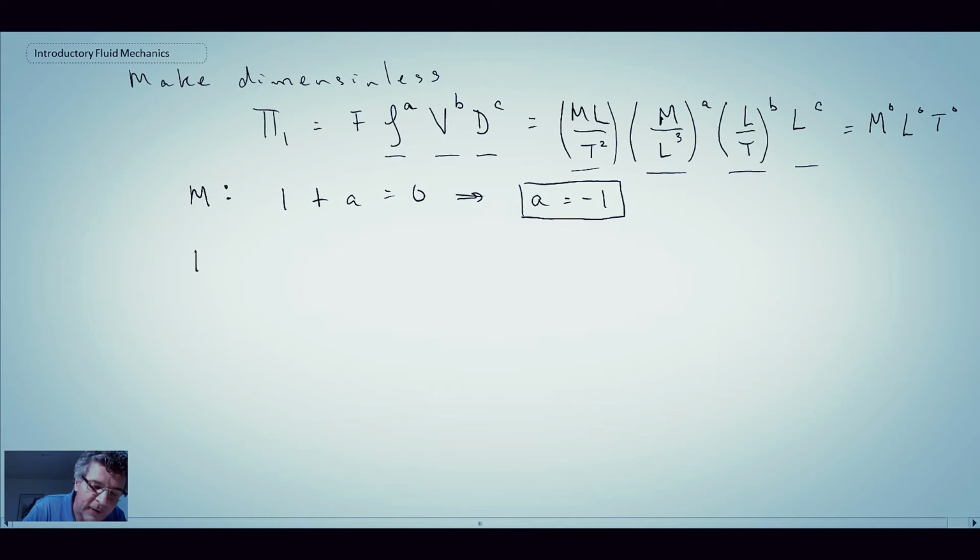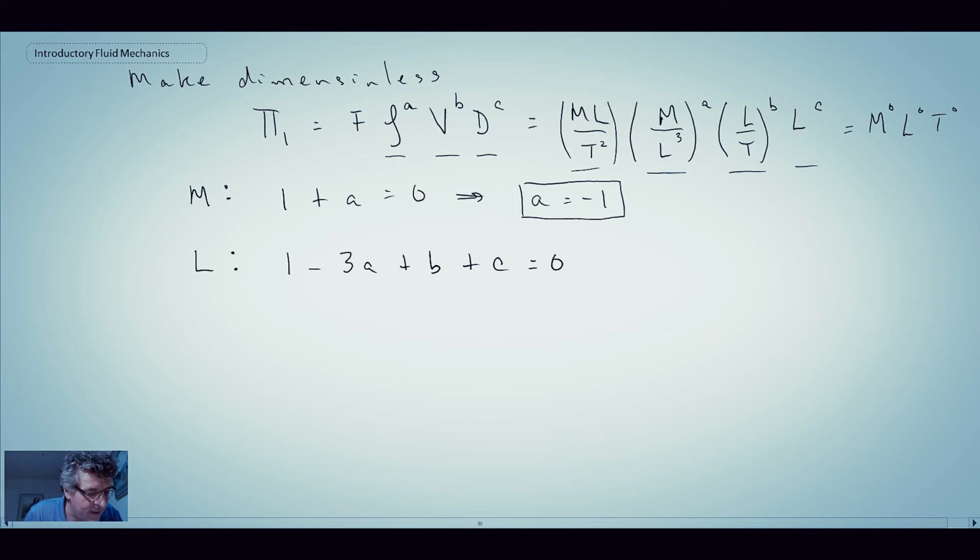And then we go to length. And for length, we have 1 minus a 3A for the second one, and then we have a B, and then we have a C. So that one's going to remain a little inconclusive because we still have a little bit of work to do.